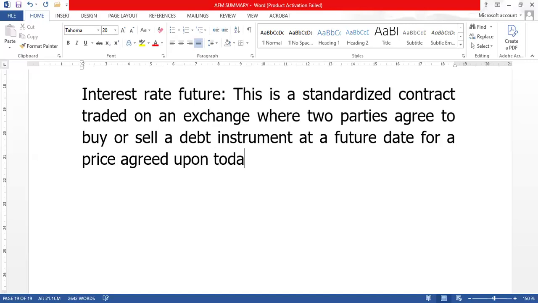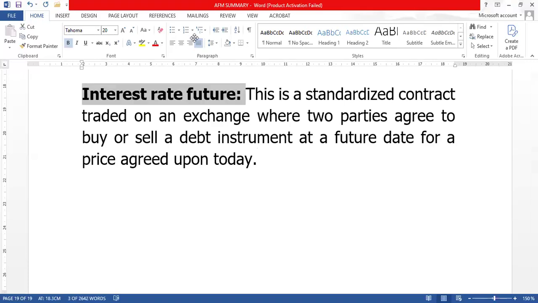So you agree now. Basically that is the definition for interest rate futures. Confirm whether you can hear me.